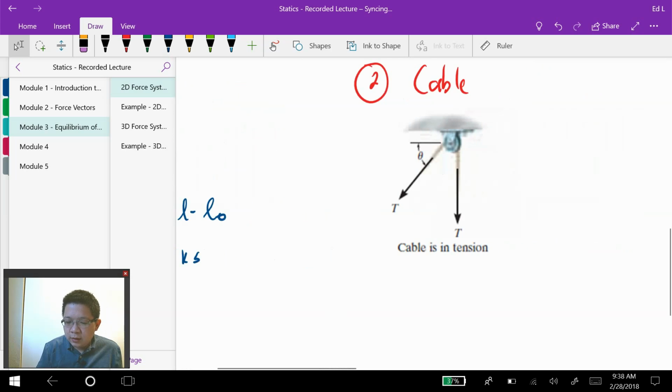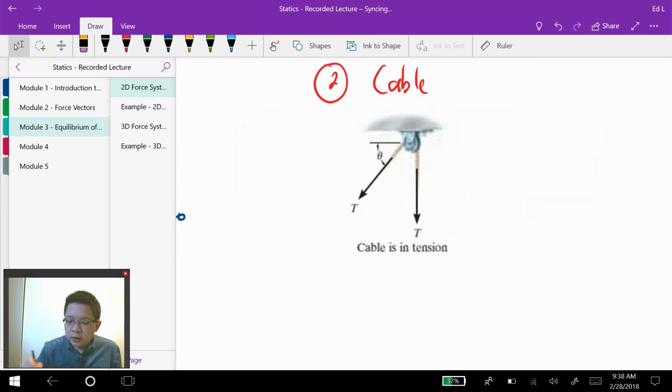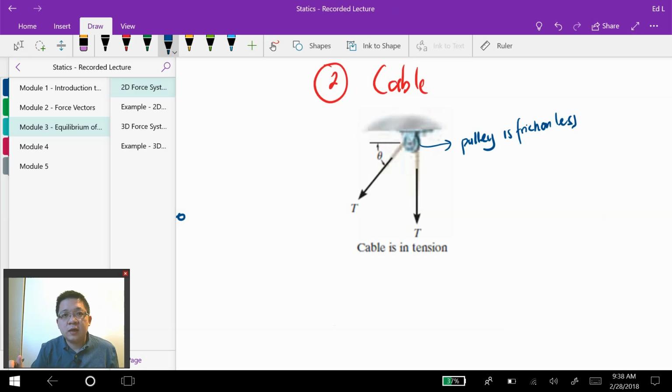And then for the cable, in here we assume that the pulley is frictionless. So when we solve problems, in most cases we assume that the pulley is frictionless unless it's stated otherwise. Okay, so in this case, if we have a continuous cable running through the pulley, we know that the tension of the cable on both sides is going to be the same.